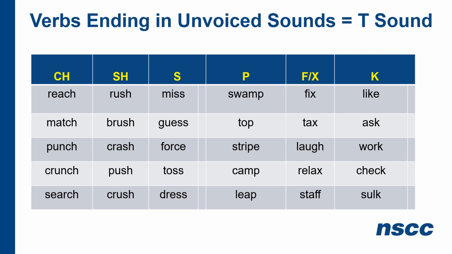Some verbs ending in a P sound are swamped, topped, striped, camped, leaped. Some verbs ending in an F or X sound are fixed, taxed, laughed, relaxed, staffed. Some verbs ending in a K sound are liked, asked, worked, checked, and sulked.